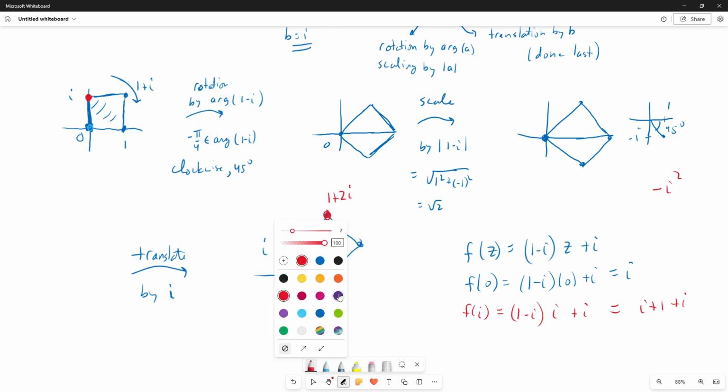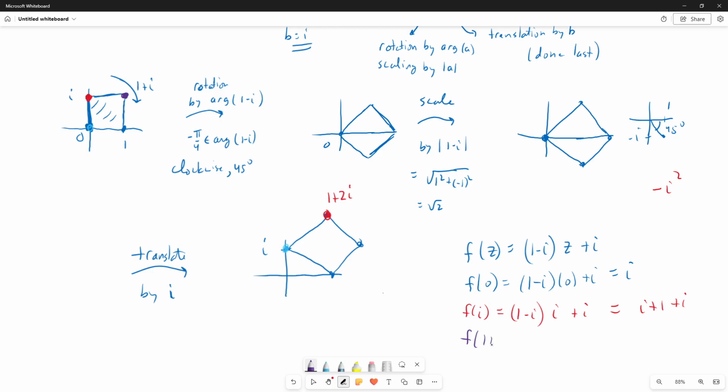Let's try another color. Then 1 plus i, that's here in purple. f of 1 plus i is equal to (1 minus i) times (1 plus i), plus i. And (1 minus i) times (1 plus i) is 1 minus i squared, and then plus i.